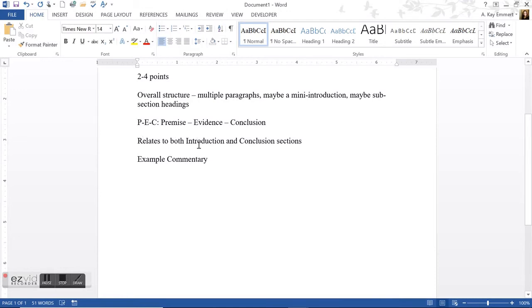So if one of your strengths is price, then in the intro, you would just give a brief paragraph describing the range of prices for your products. You wouldn't make any arguments in the introduction, but that helps relate the introduction to your strengths section by introducing the topics and the full information in the intro that you then can pick and choose to use for evidence when you make your argument about that topic.